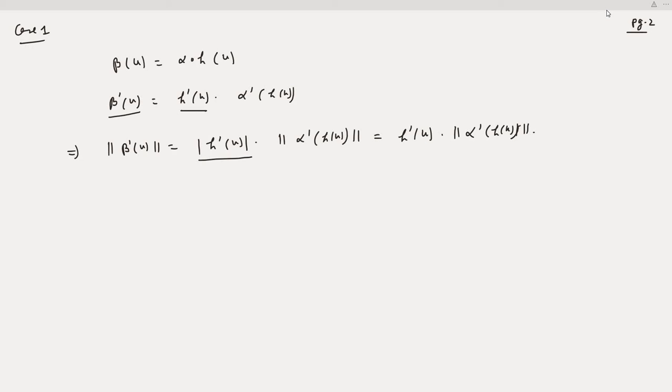Now we use the change of variables formula for integrals.